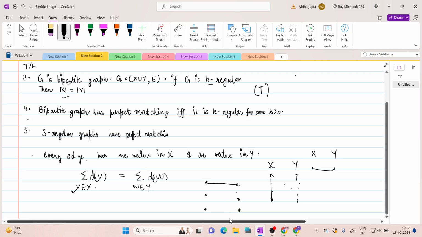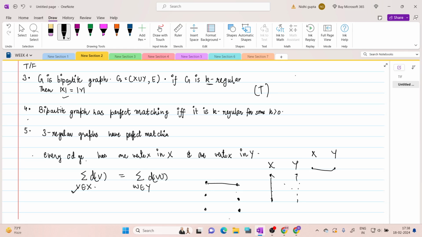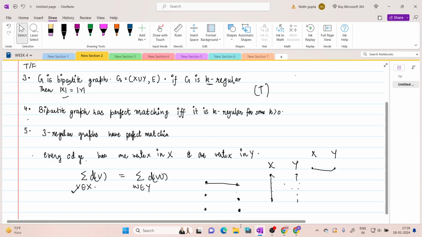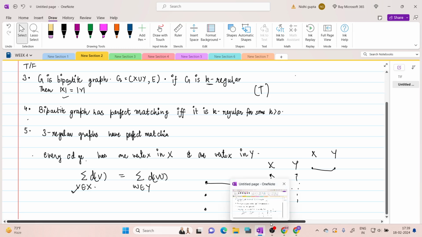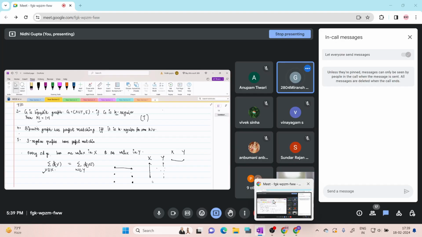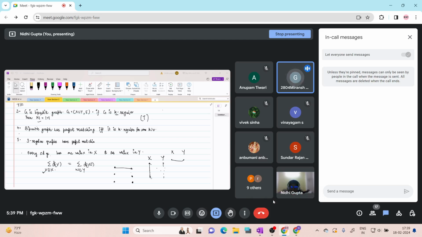So leaving one in B, doing the same for all the vertices in A, and when we come to B, we have to do exactly that, right? We have to make sure it is a k regular graph. So it becomes more like an optimization thing.